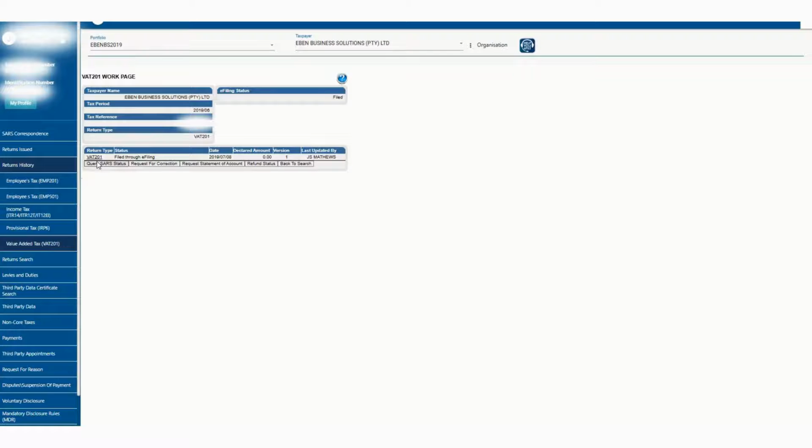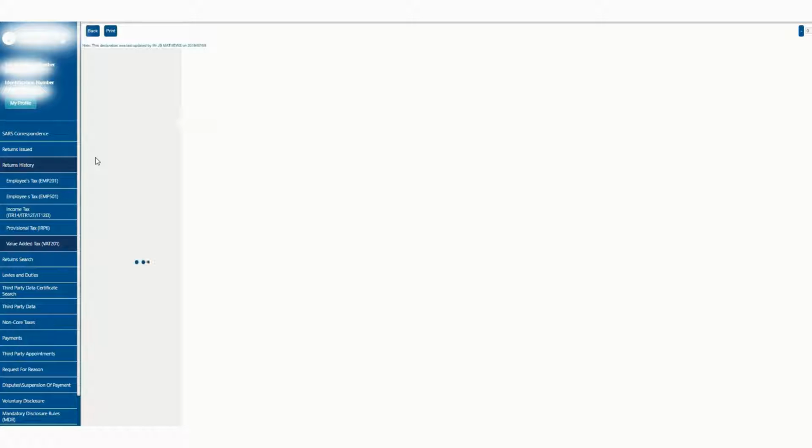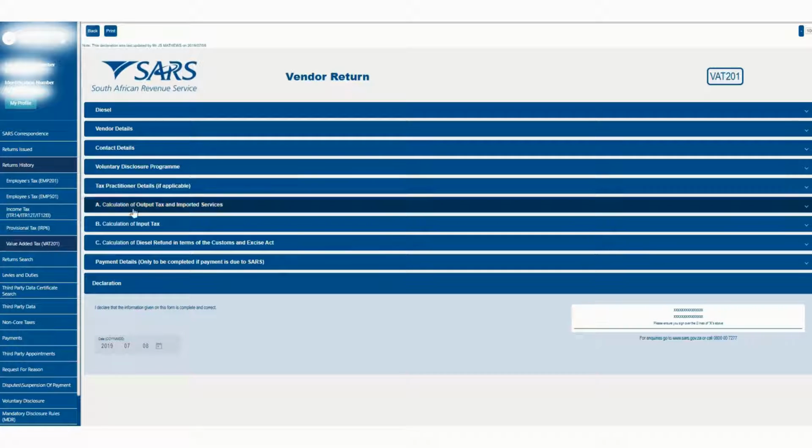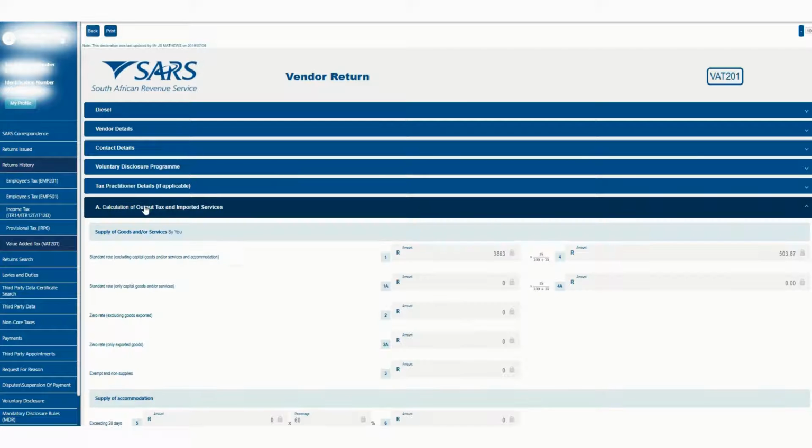So when I go to the VAT 201 for that period of June or May to June, I show that income that I received, 3,863, that's inclusive of VAT.